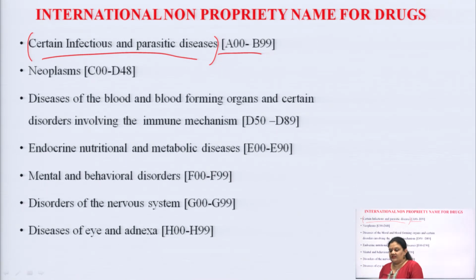Next is the disorders of nervous system. One best example of this is, sometimes what will happen, this will be the condition of any age in the human being, the innervation.